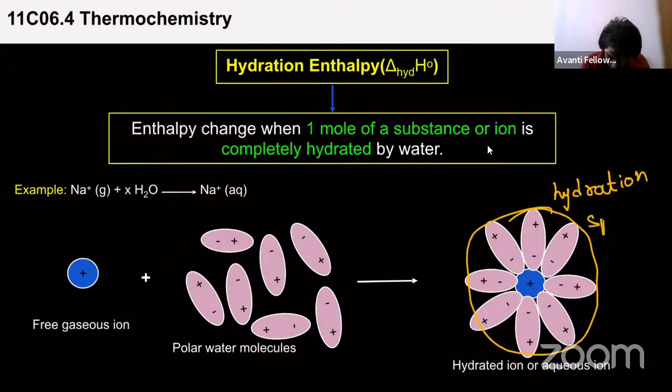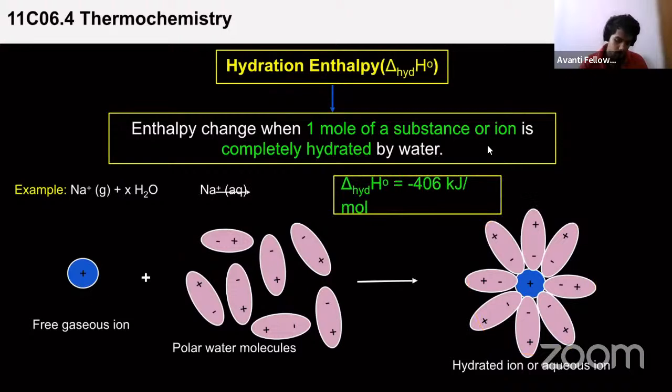As the hydration sphere increases, the hydration enthalpy increases. Clear, everyone? If you see here, the hydration energy for sodium is given as minus 406 kilojoules per mole. That is very high, right? These are the terms you need to see, when it will be exothermic and when it will be endothermic.